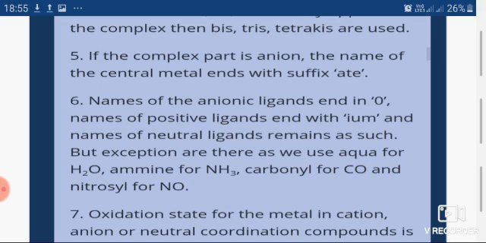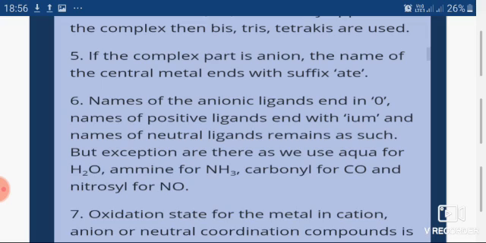If a ligand is negatively charged, its ending should be O. For example, if your complex contains chloride ion, it should be considered as chloro. If your complex contains amide ion, it should be considered as amido. If your complex contains hydroxide group, it should be considered as hydroxo.